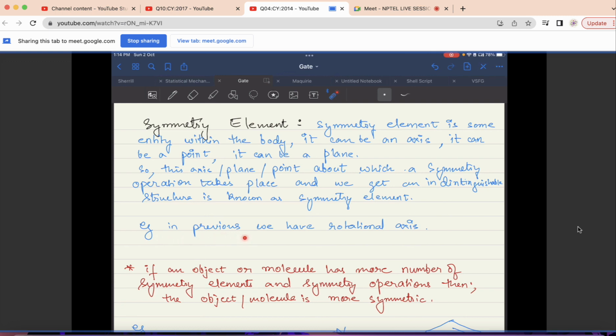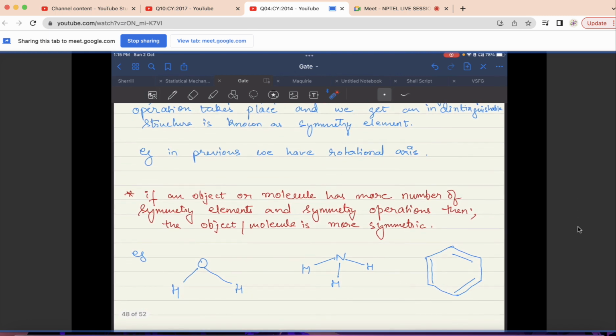For example, in the previous equilateral triangle example, there was a rotational axis, so the element was an axis. If an object or molecule has more symmetry elements and symmetry operations, then the object or molecule is more symmetric.